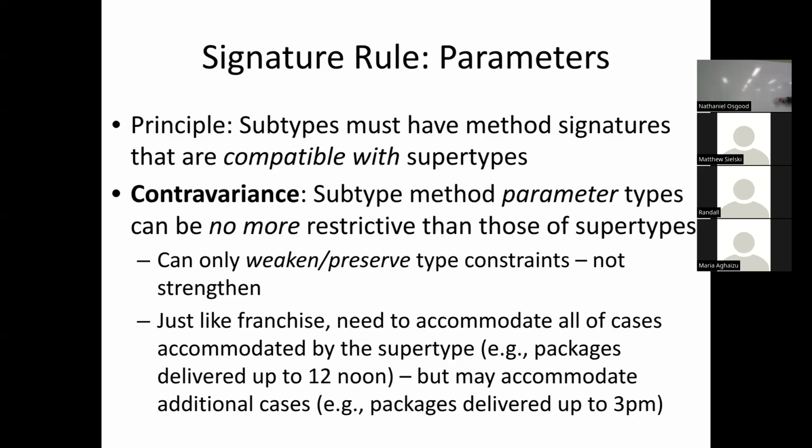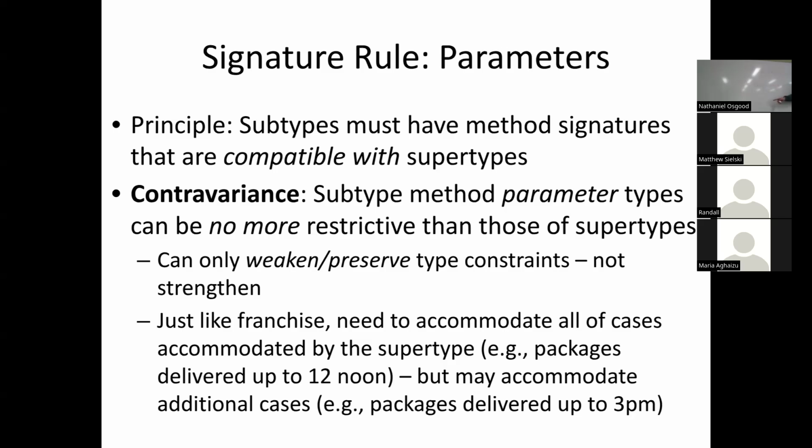So in the subtype, we can relax the conditions. Again, it's just like in our FedEx franchise, we could take a package not only up till noon, that's guaranteed to meet all the guarantees that are required by the supertype, but we could be more loose than that.